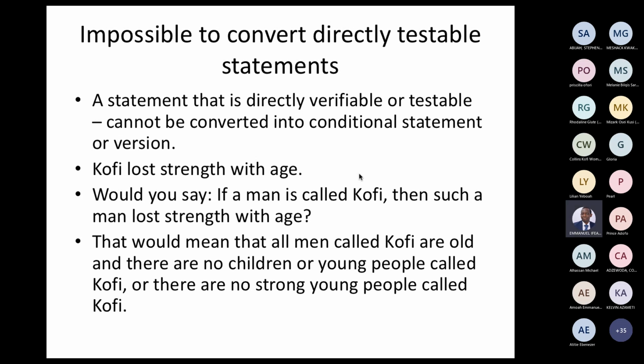That's not how conditional statements read, because it would mean that all men called Kofi are old, and there are no children or young people called Kofi, which is not true. And also, there are no strong young people called Kofi. So you can't convert the statement because it's not generalizable. It's about a particular person. Because it's about a particular person, you can't convert it into a conditional.